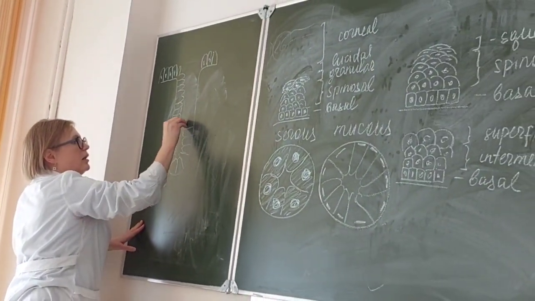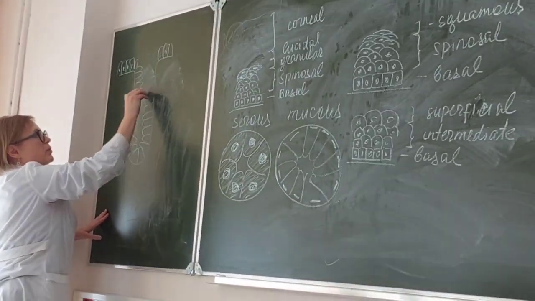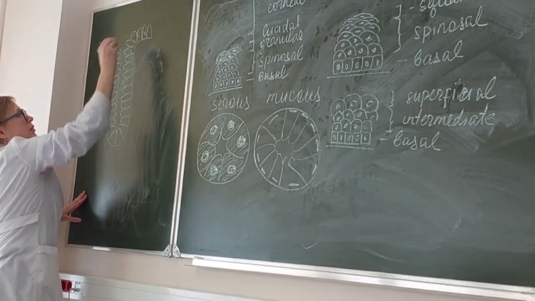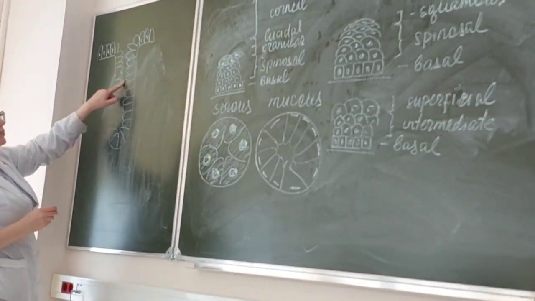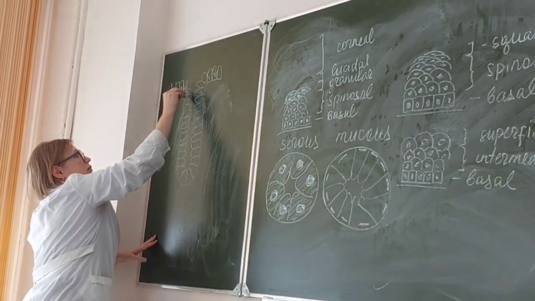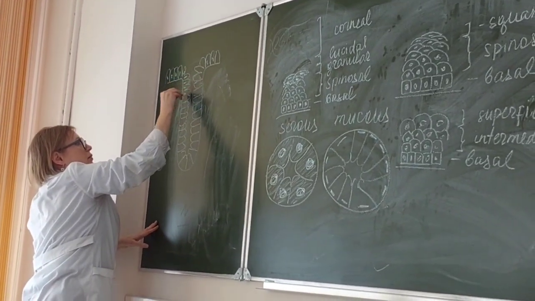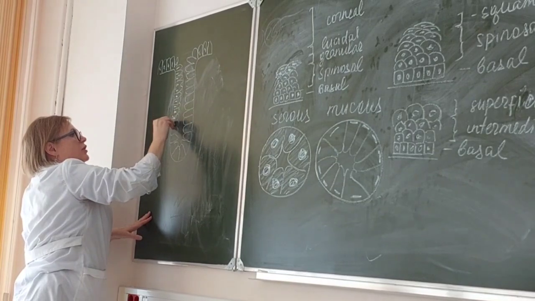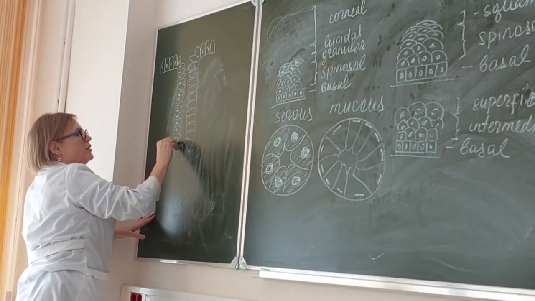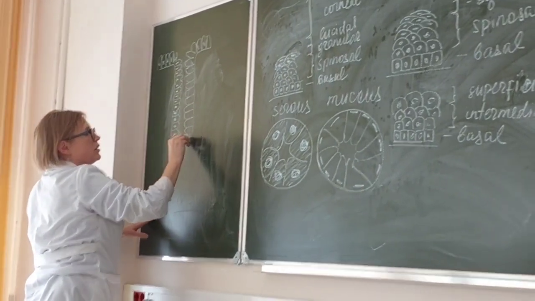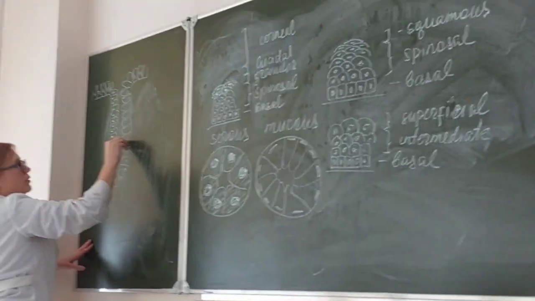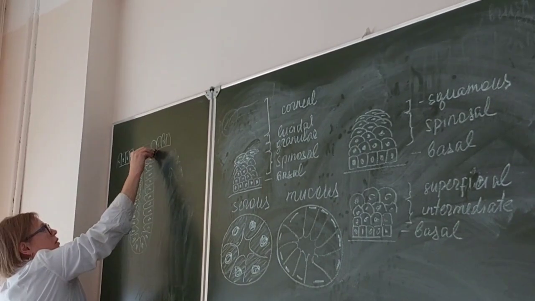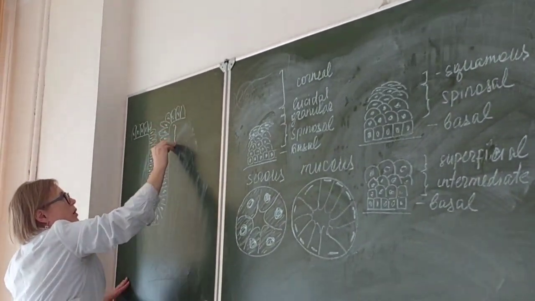And the lumen of the gland will be very narrow. What is lumen? And in such a gland, we can identify different parts.